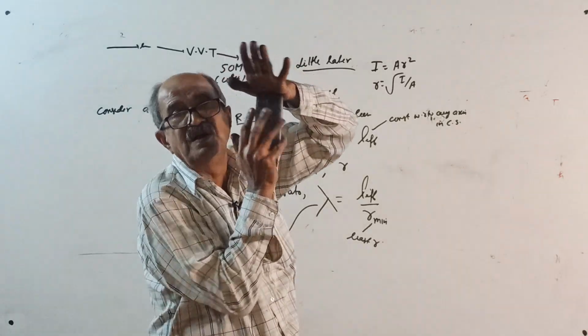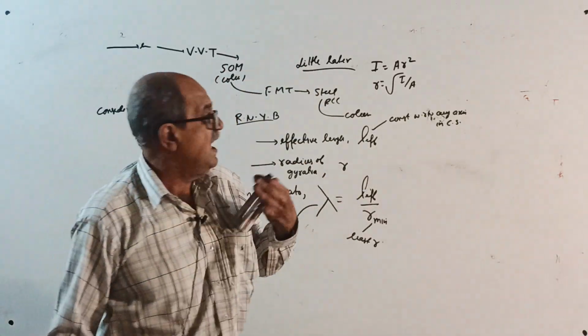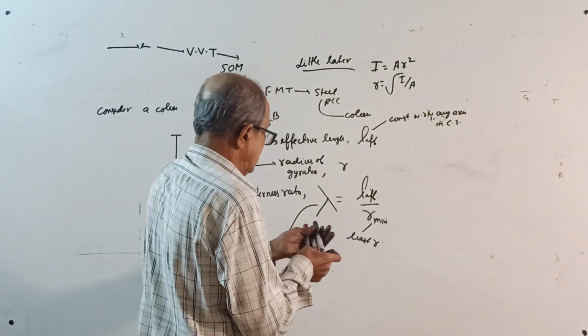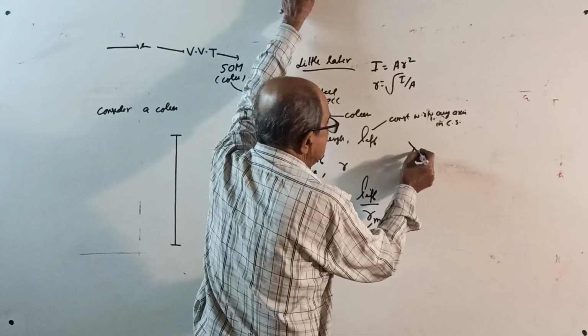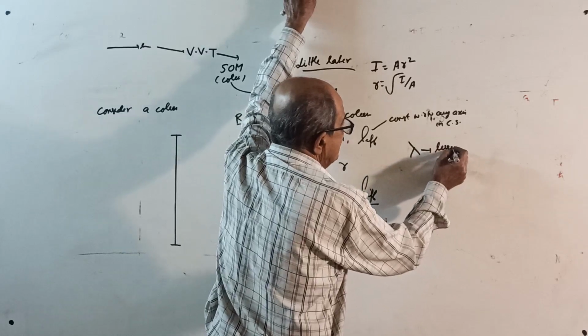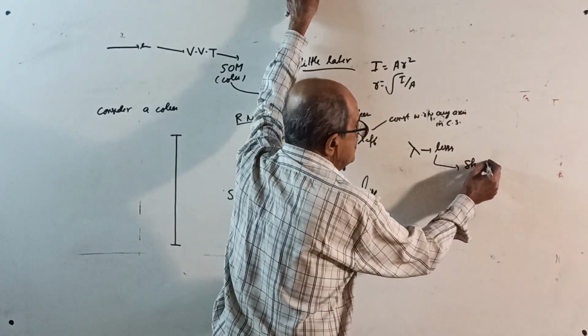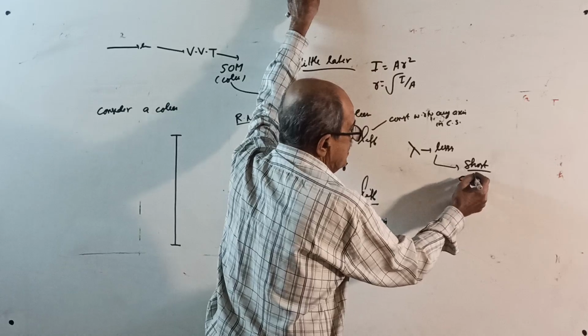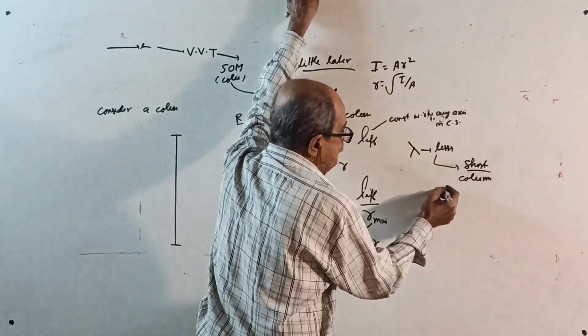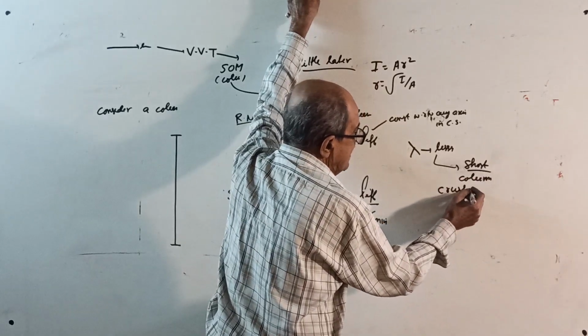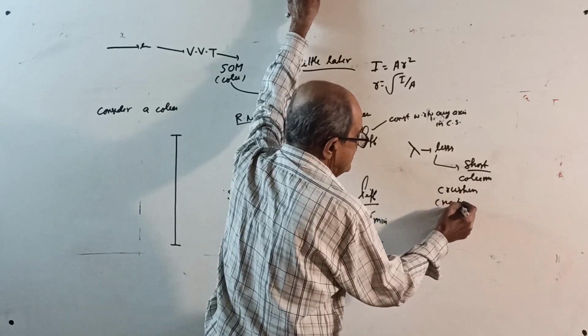It's very strong. As your lambda becomes lesser and lesser, the column will tend to become a short column, where failure will be by crushing. No buckling.